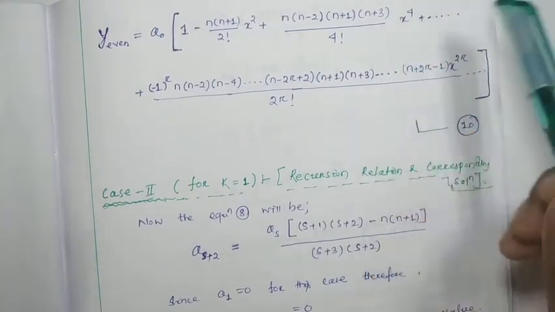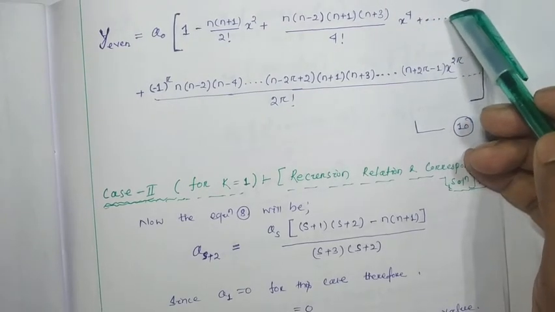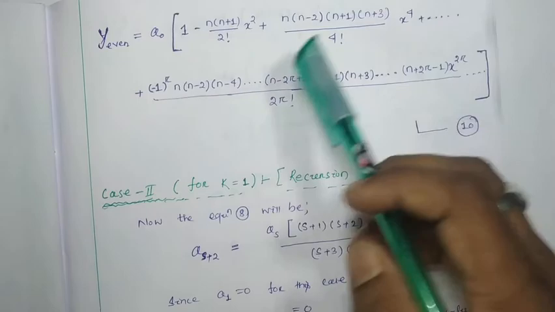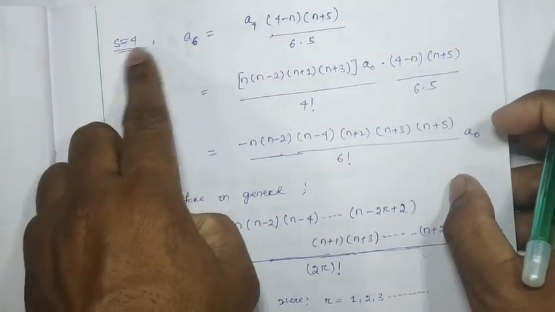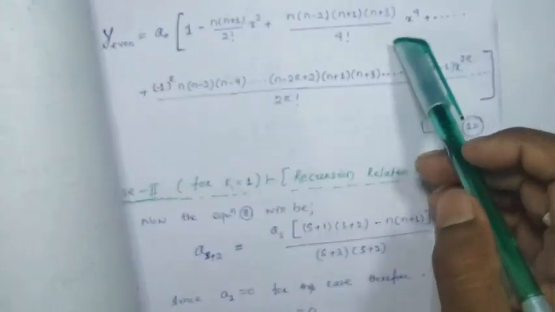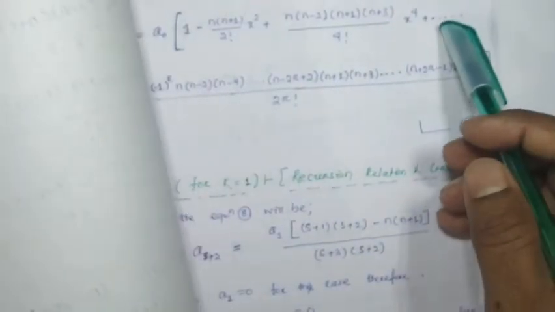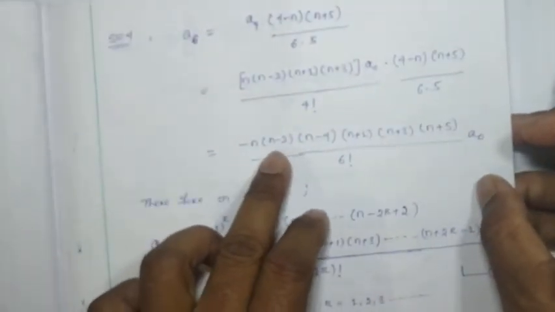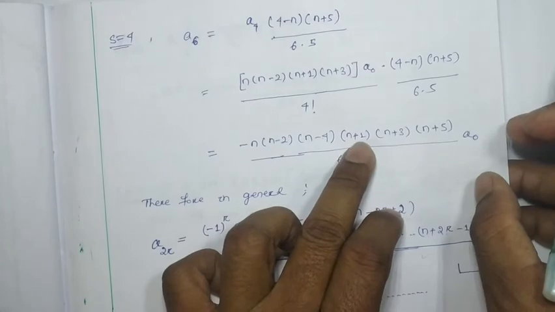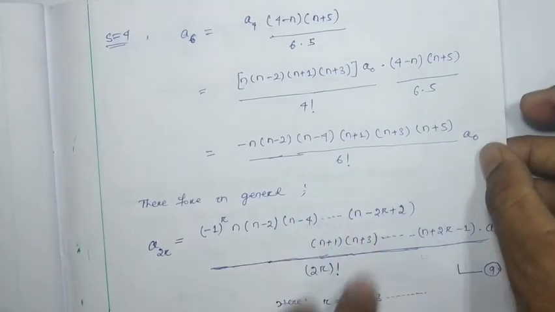And here I have not written the x to the power 6 term, that is a6. For r equal to 3, a6 I have not written over here, but you can write it: it will be minus n into n minus 2, n minus 4, into n plus 1, n plus 3, into n plus 5, divided by 6 factorial, into a0.